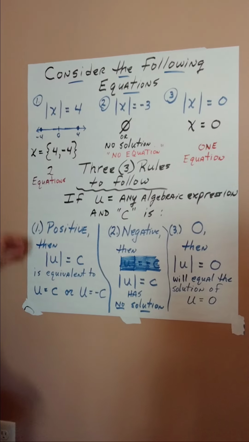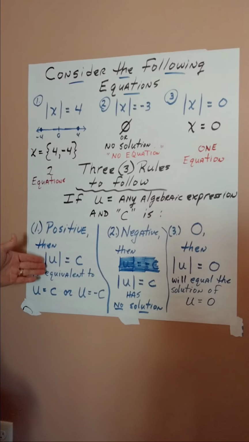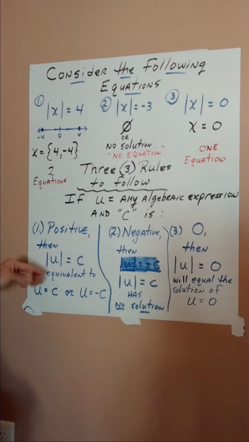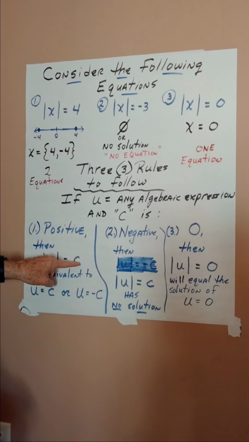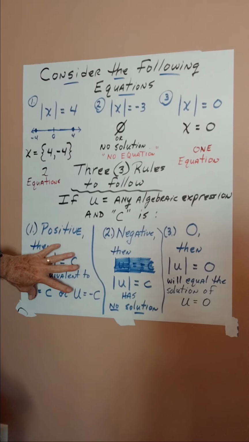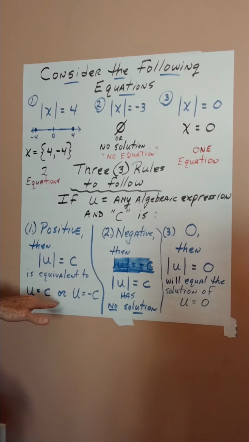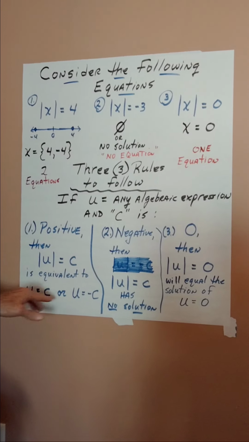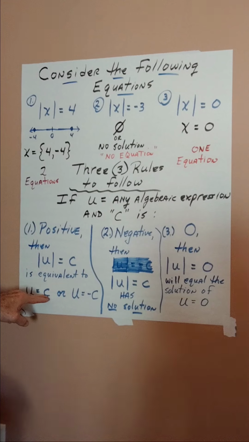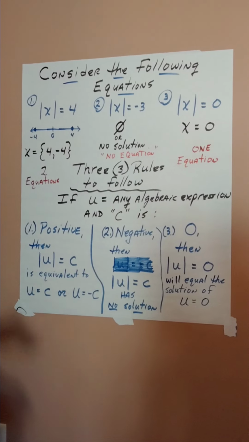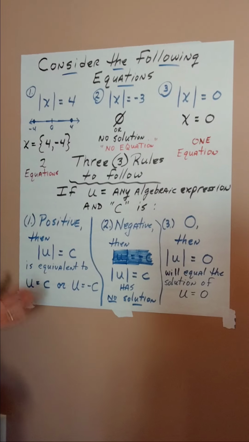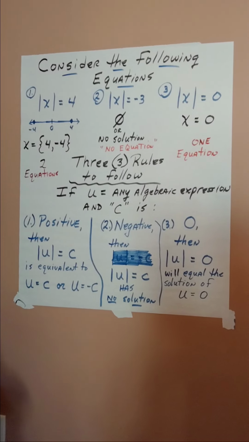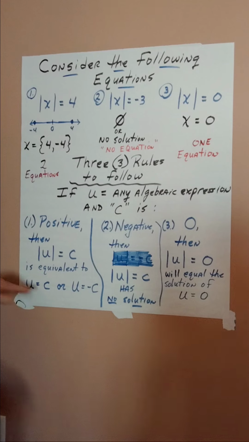So, when you're solving an absolute value equation where it is equal to a positive number, it will always lead to 2 equations that you have to solve. U will be equal to c, or u will be equal to the opposite of c. Notice that the u came out from underneath the absolute value device.